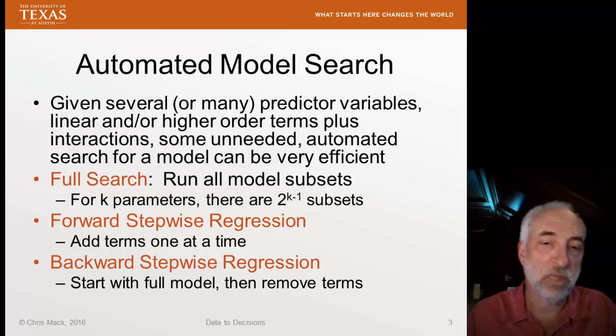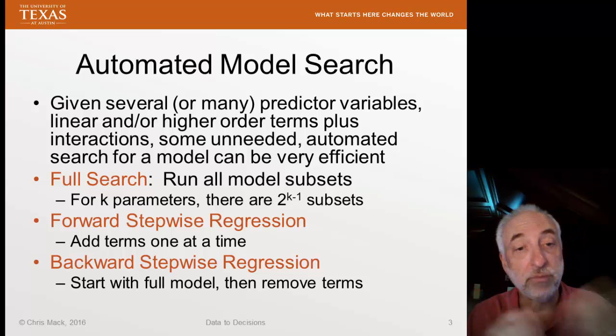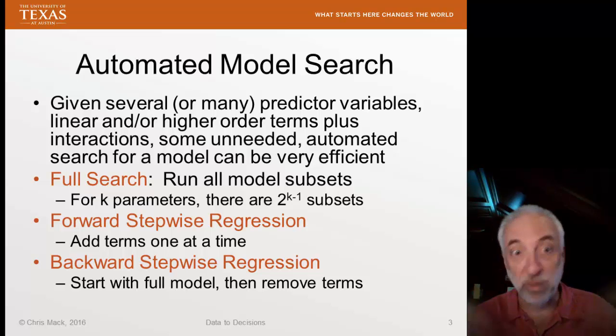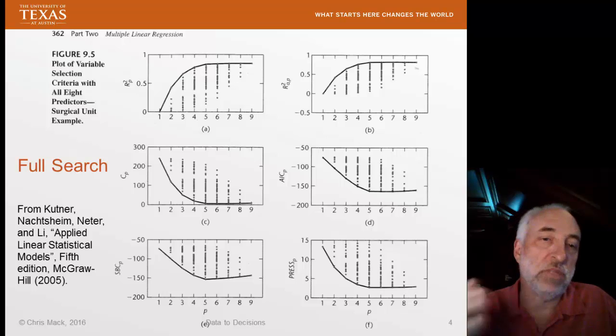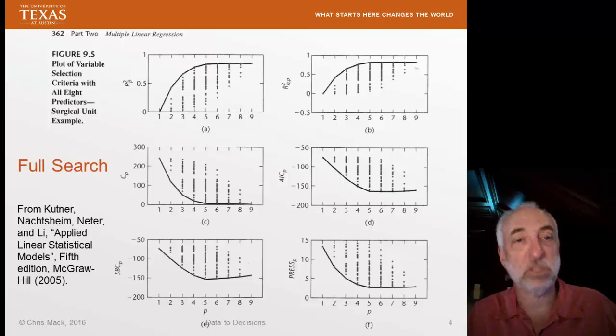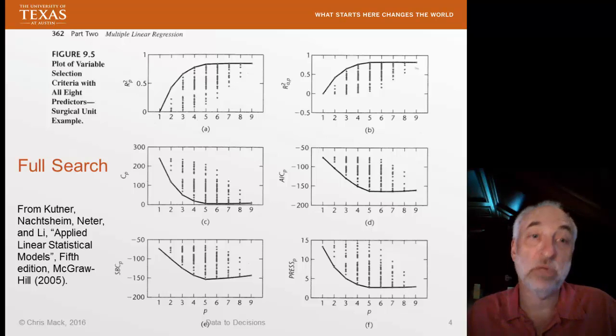I find the backward stepwise regression more intuitive, but both of these work. And sometimes you might do both and see if they converge to the same model. Full search is the best when you have that opportunity, when the number of parameters is not too great. Usually something like 10 or 11 is when it starts getting cumbersome to do full searches.